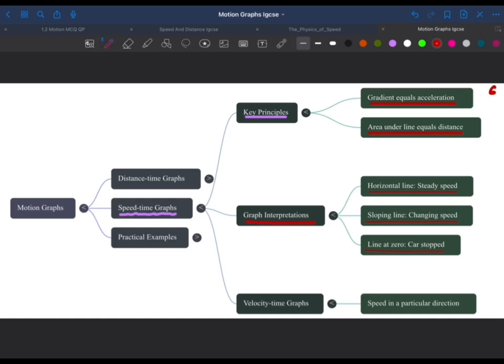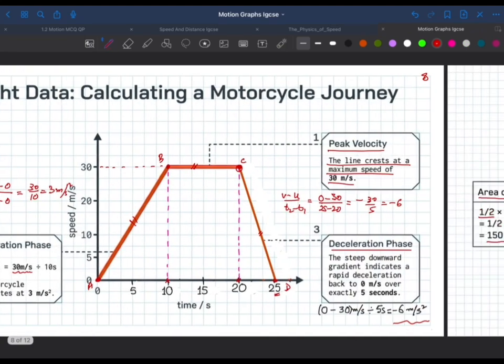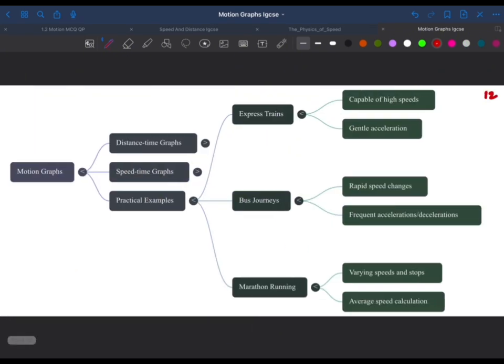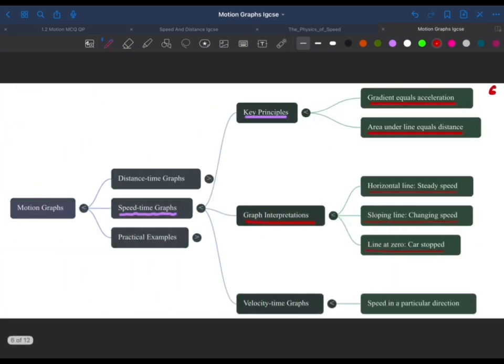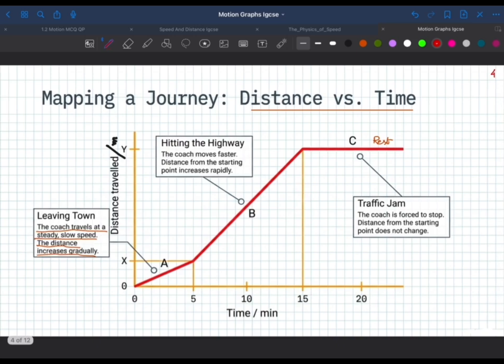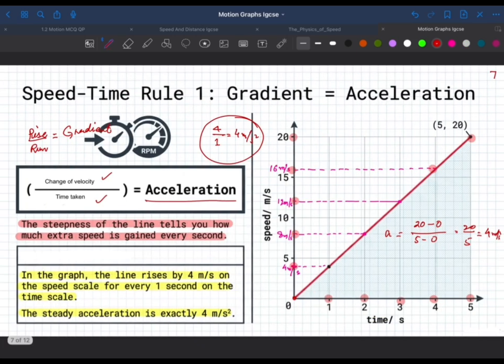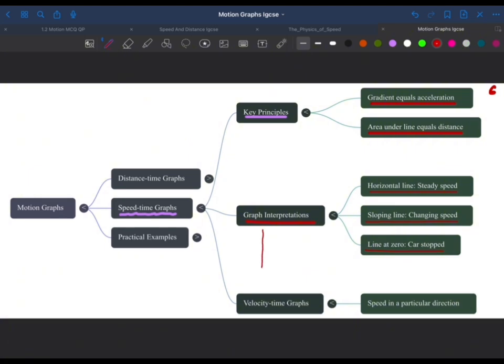Line at zero means you have this situation where the car is not moving. Suppose in this case we can draw a line along the time axis, where you have meter per second on the other axis.